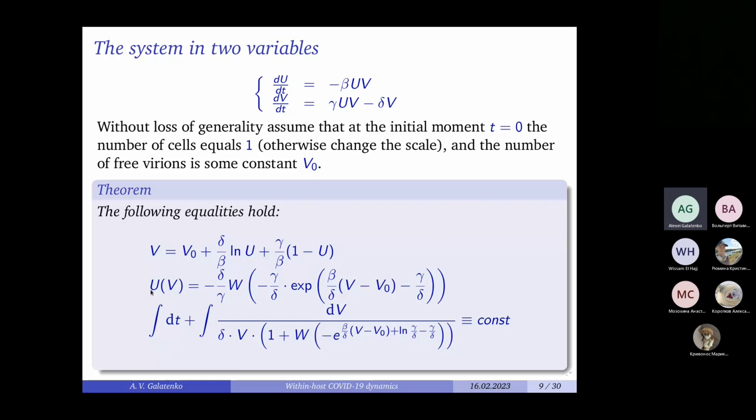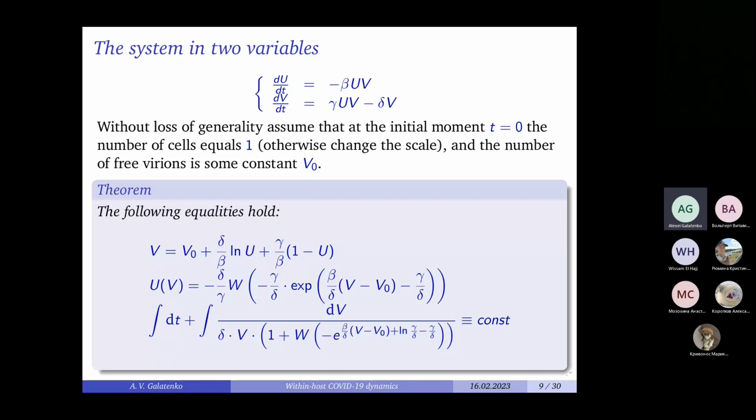It expresses the number of uninfected cells in terms of the number of viruses. Finally, the third equality establishes the connection between the number of viruses and time. It expresses the independent variable t in terms of the dependent variable v. Well, it's not the expression of our dream.